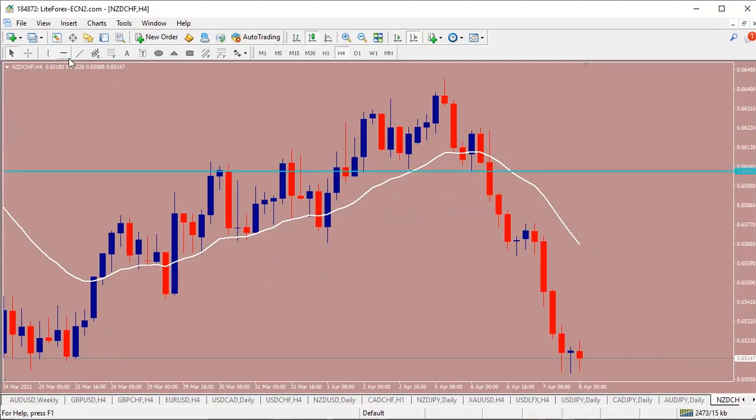I know that my next area is this place where it consolidated, the equal low, right? Now that means I want to take my entry within these 2 bars, right?